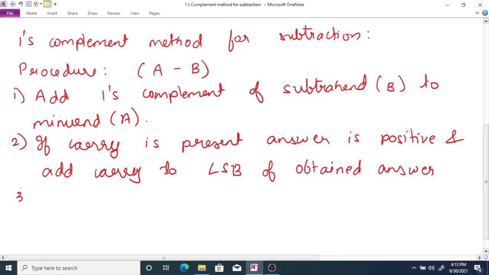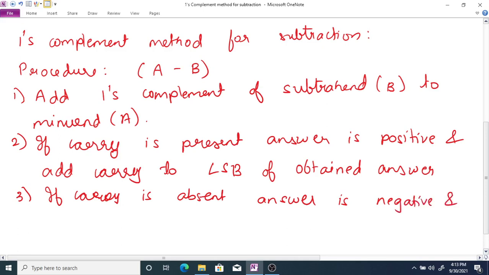Third step, if carry is absent, answer is negative, and in its ones complement form.